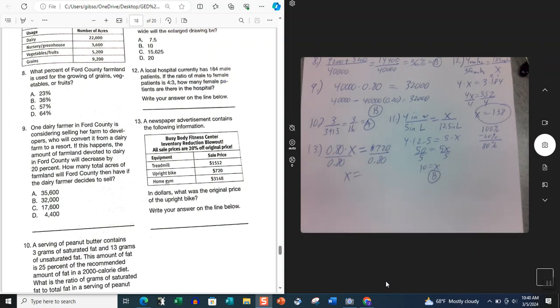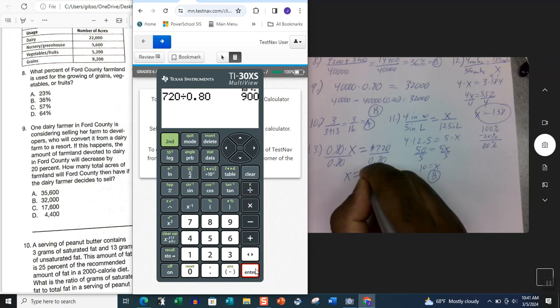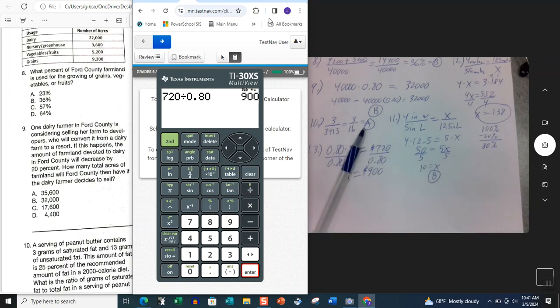And x is equal to, so we'll take our calculator. We'll take 720 divided by 0.8 or 0.80. And that gave us 900. So the original price was $900.